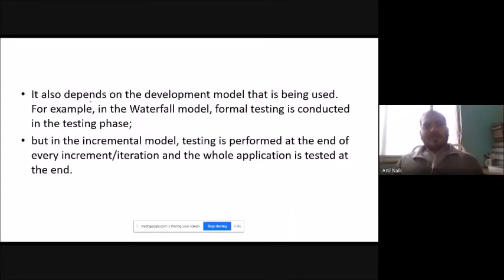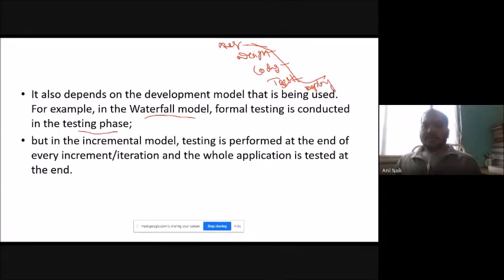So testing also depends on the development model that is being used. For example, in the waterfall model, the formal testing is conducted in the testing phase. It depends upon the model, because the waterfall model is like a water flow. First requirement analysis, then design, coding, testing, and deployment or maintenance.